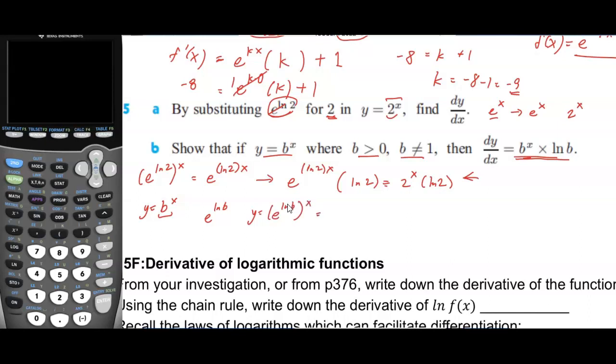And then we're going to group the natural log of b with the x. And then we're going to take the derivative of it. So we're going to rewrite the exponential, and then multiply it times the derivative of the exponent. And then we can replace this back with b to the x because they're equivalent. And we're done.